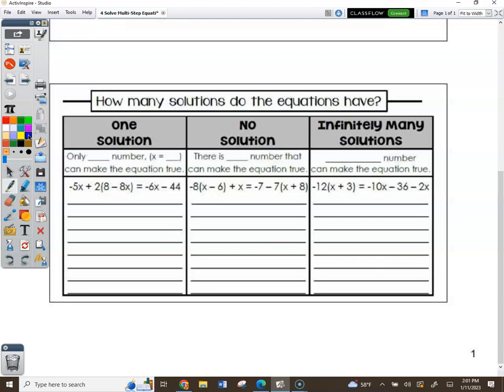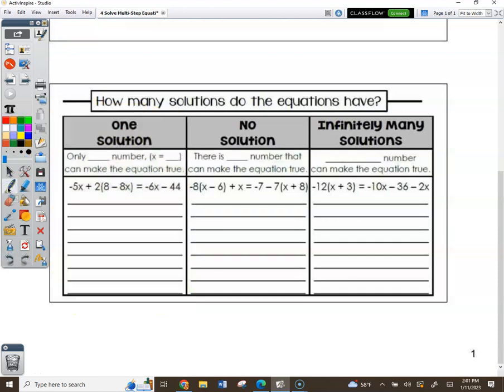This paper is to show you that when you're solving equations, doesn't matter if it's 1-step, 2-step, multi-step, when you're solving equations, there's 3 possible scenarios for when you finish solving it. Y'all are used to this scenario right here. That's the one you're used to. You always come to one answer every time.